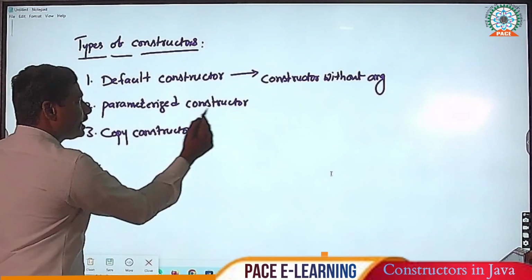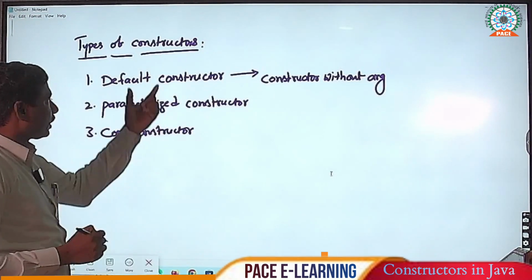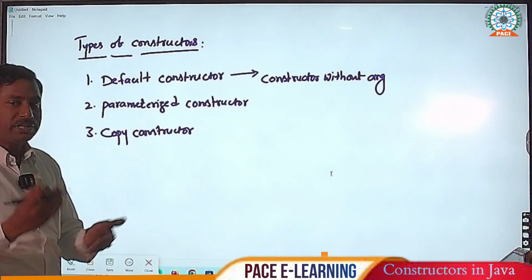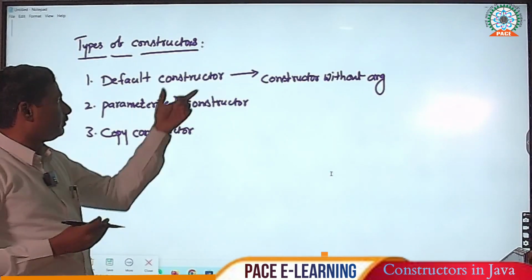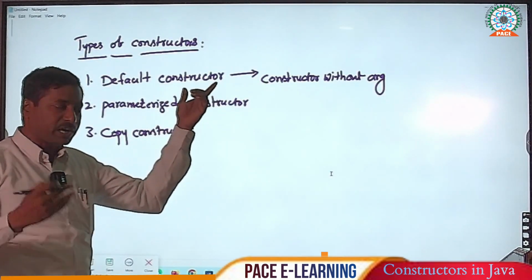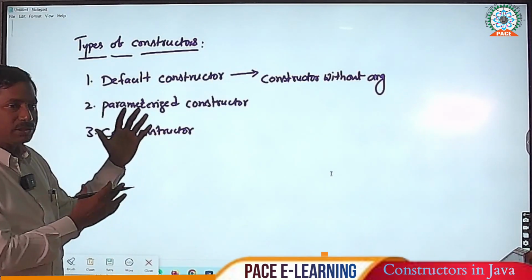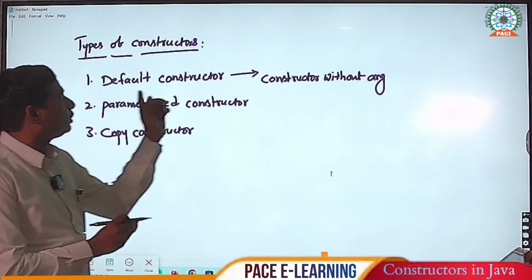What is a parameterized constructor? There is a drawback in the default constructor. If you are writing a default constructor for a class and creating 100 objects, all the objects have the same values. That is the problem with the default constructor. If it is your requirement, then no problem. If you are creating 100 objects for a class and all object properties should have the same values, then you can go for the default constructor.